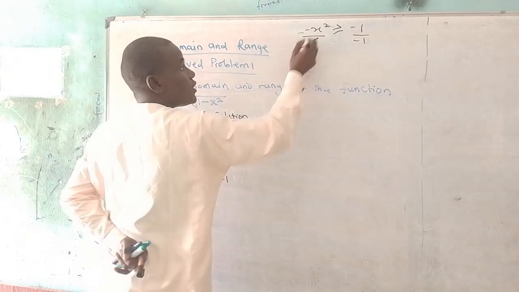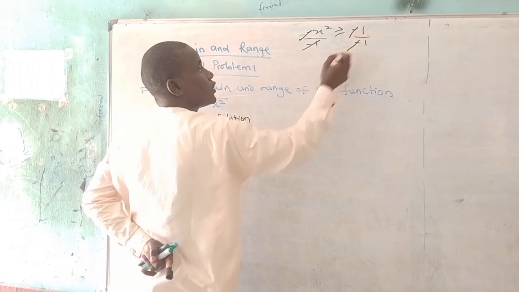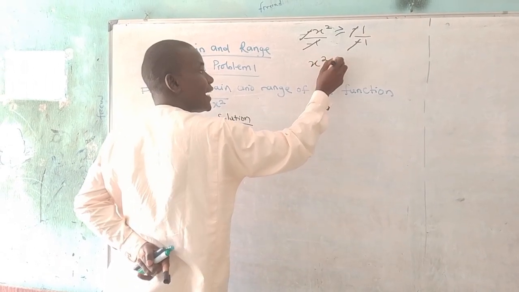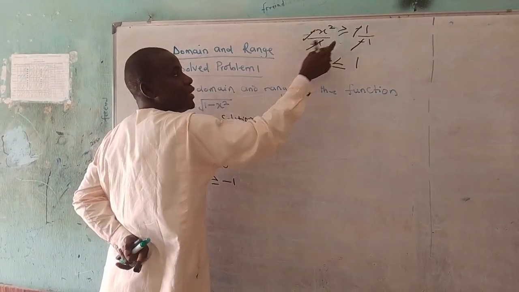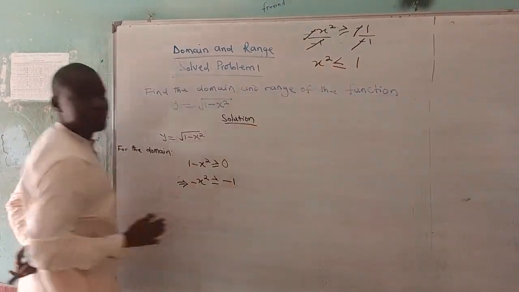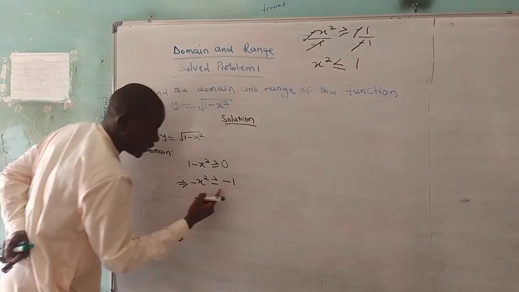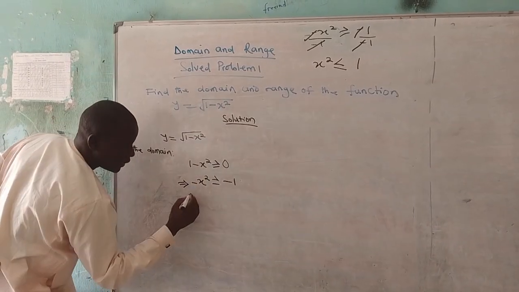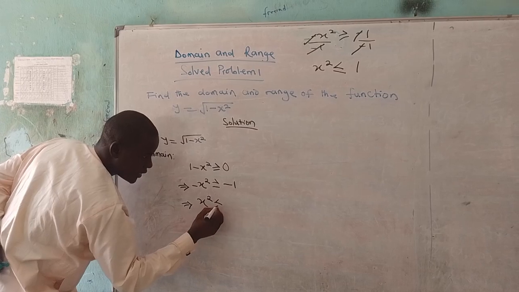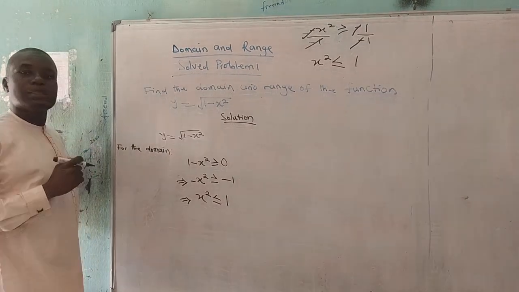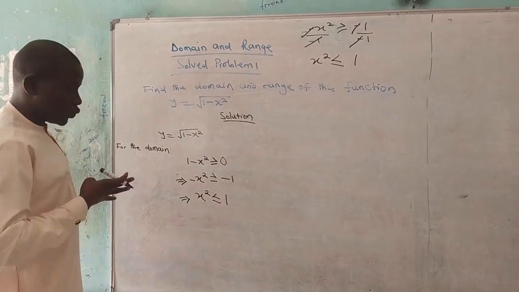So now, as you can see, what do we have? x squared now is less than or equal to 1, because we divided both sides by a negative value, so it flipped. When we divide both sides by negative 1, this implies that x squared is less than or equal to 1.